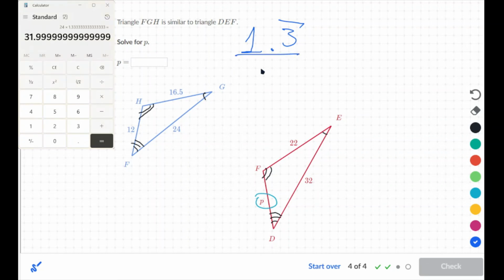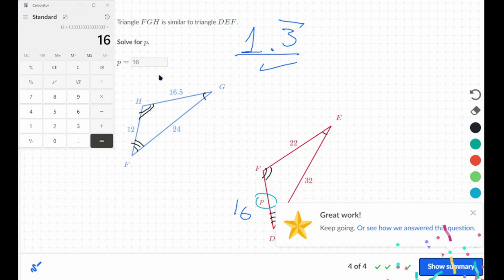So yep, that is the correct answer. So 12 times 1.3 all the way equals 16. So P is 16. Let's try that. And there you go.